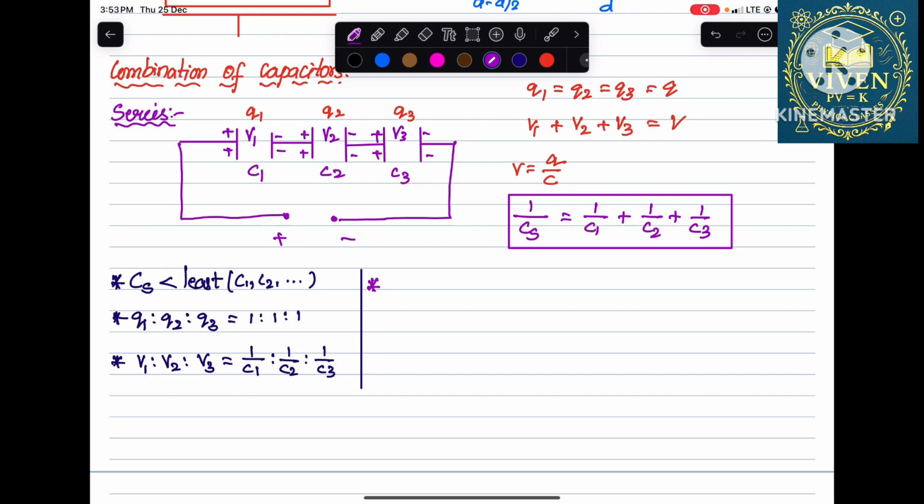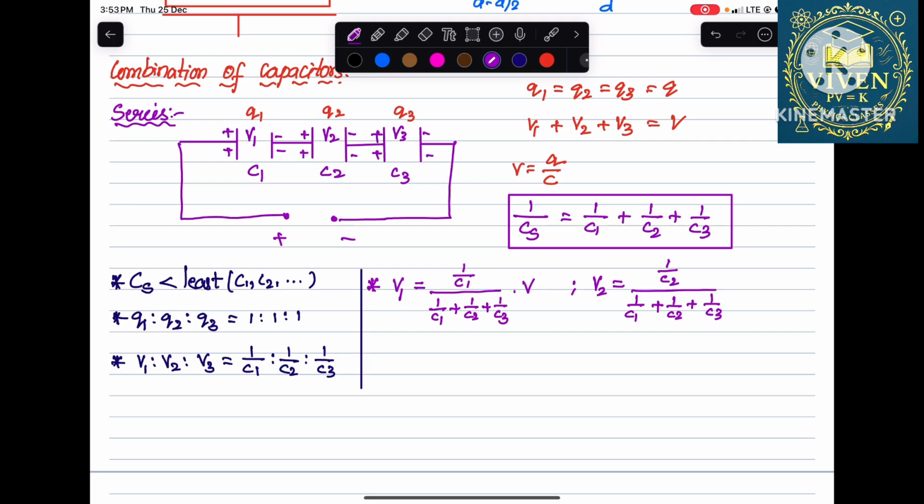So V1 is equal to, remember children, 1 by C1 divided by 1 by C1 plus 1 by C2 plus 1 by C3, into V. That's it. For V2 it is going to be, just give a try. Very good: 1 by C2 divided by 1 by C1 plus 1 by C2 plus 1 by C3.